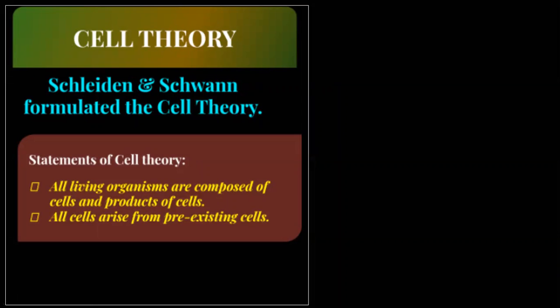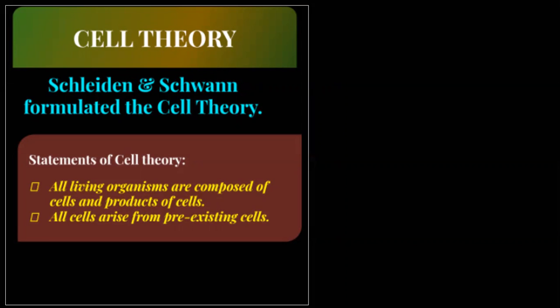Moving forward in this session, cell theory. The very base of the cell theory was proposed by two scientists, a botanist and a zoologist, that is Schleiden and Schwann. In 1838, Matthias Jacob Schleiden proposed the cell theory, and in 1839, a zoologist named Theodor Schwann added his points to the cell theory.